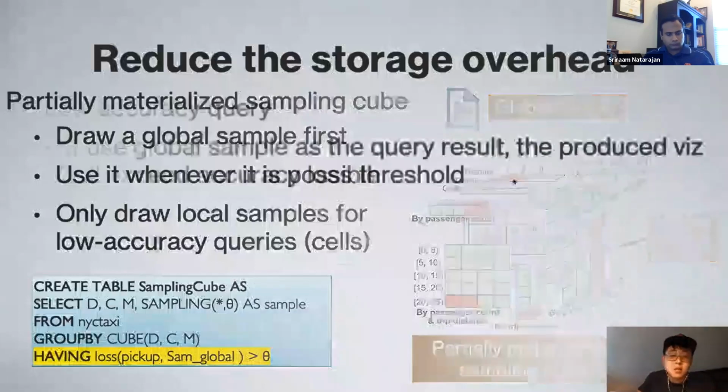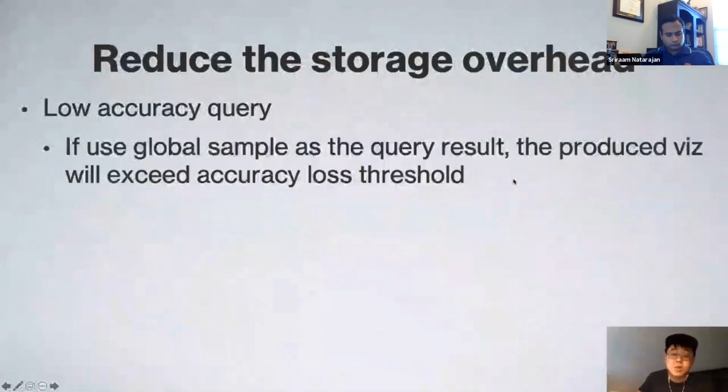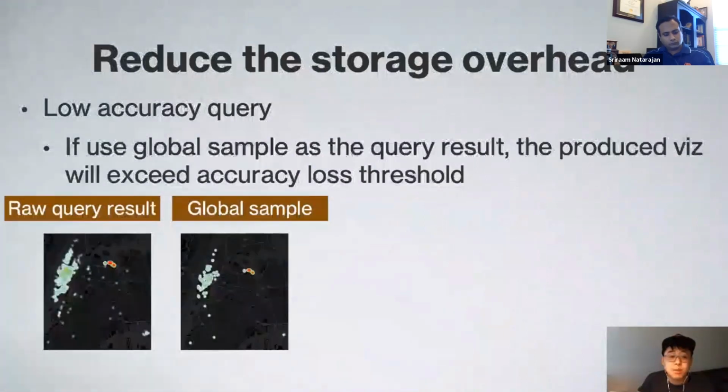You may ask me, what are the low accuracy queries? The definition of a low accuracy query is that if we use the global sample as the query result, the produced visualization will exceed the user-specified accuracy loss threshold. For example, suppose we have the raw query result look like that one, which is similar to the global sample.